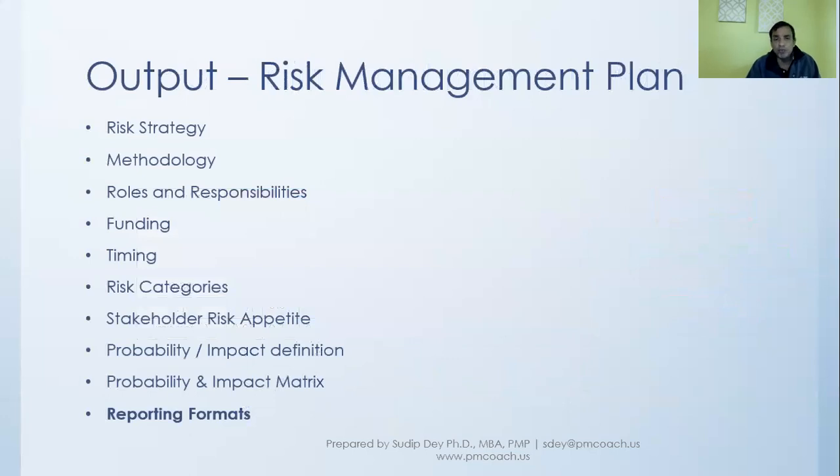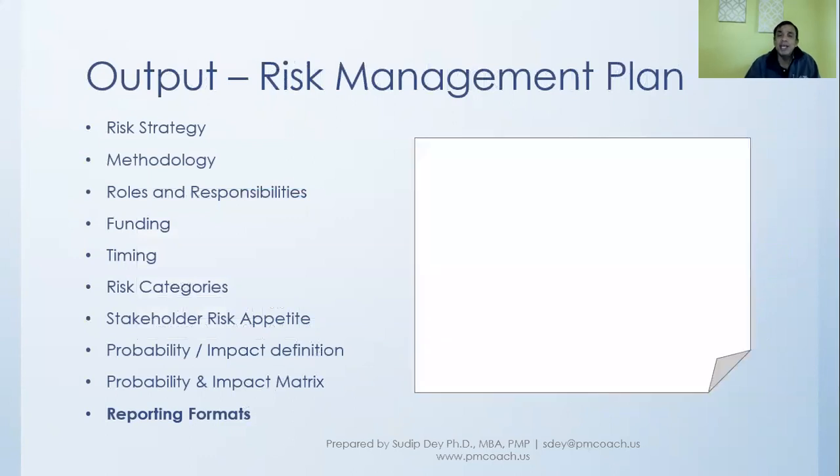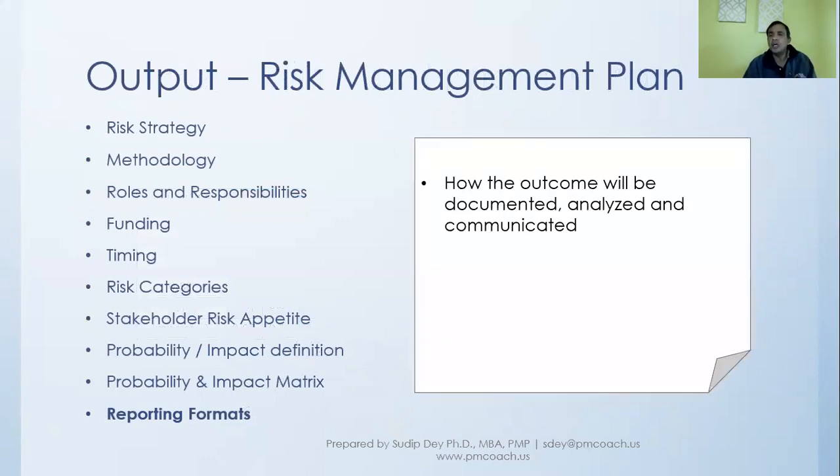Then there is a reporting format. That is also something we'll put in the risk plan: what kind of reporting format, and how the outcome will be documented, analyzed, and communicated. In particular, there are two important reports or documents that will come out.